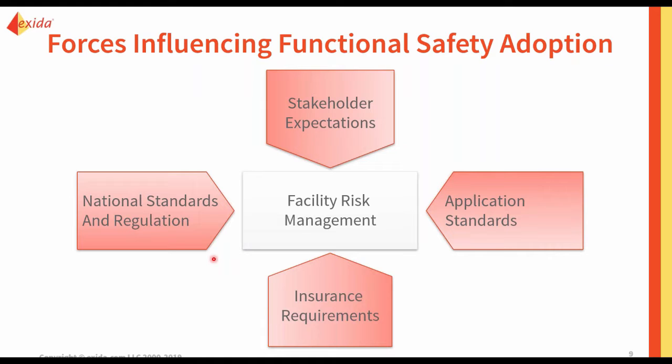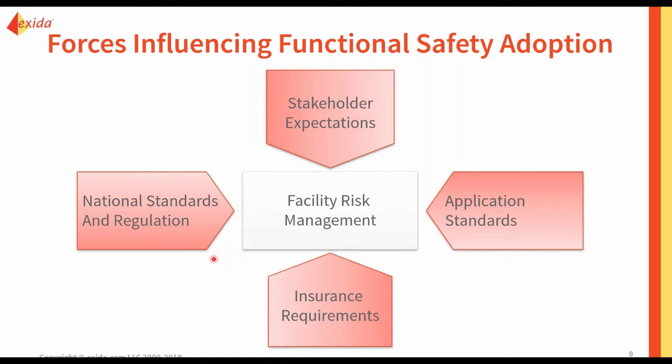The IEC 61511 standard is called out as one way of demonstrating that you're meeting best practice. For some countries in Europe and across the globe, it's more explicitly required. The Health and Safety Executive in the UK explicitly documents that meeting the requirements of IEC 61511 is one way to meet the requirements for providing that safe work environment.